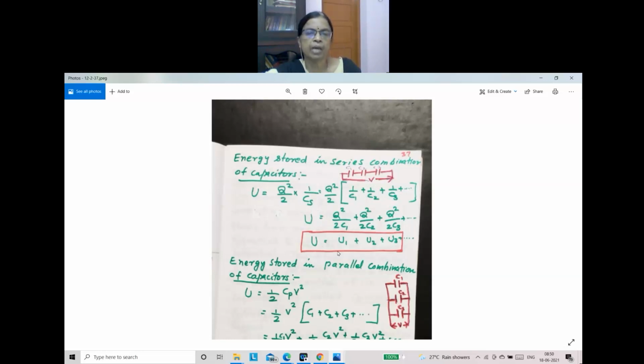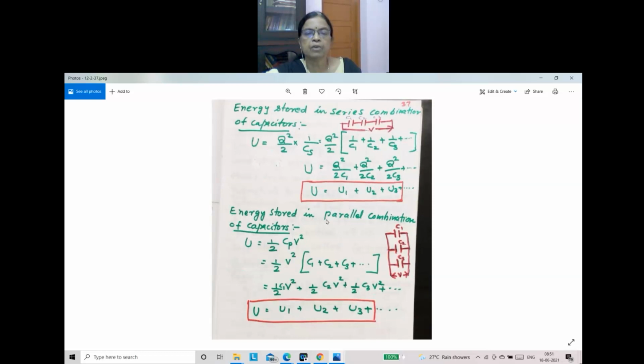And we are showing it. The total energy of the combination is the sum of the energies of the individual capacitors. So that is the way to find the energy of a series combination. This is the formula. Just add all the energies using this formula. Okay.